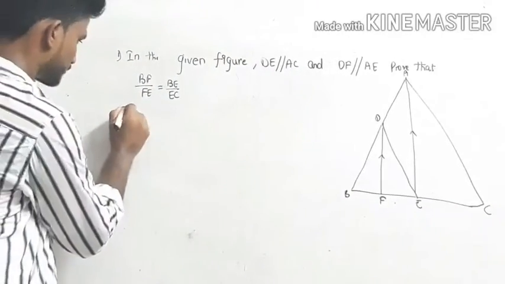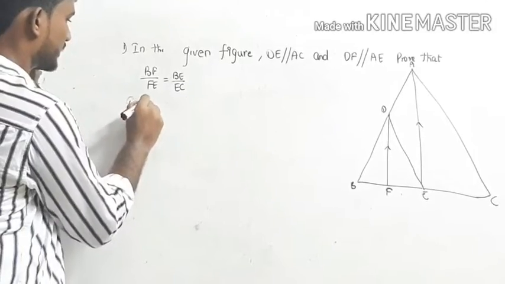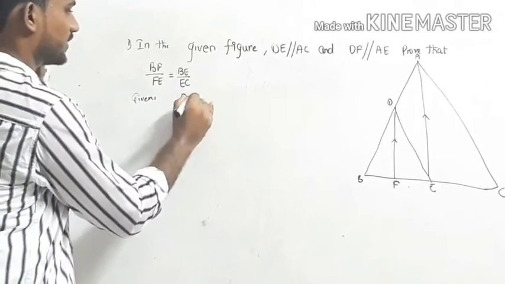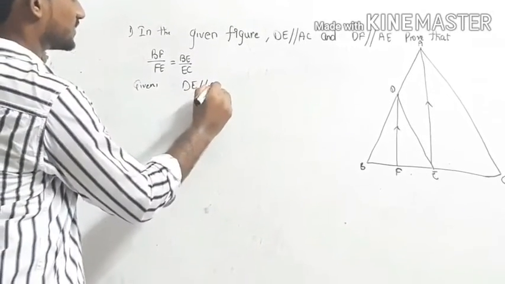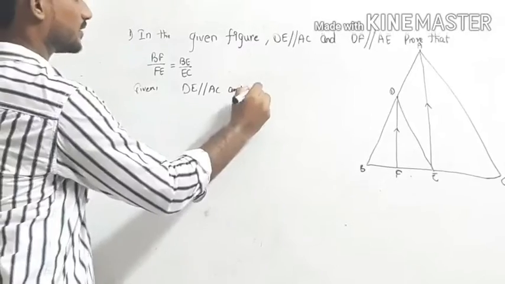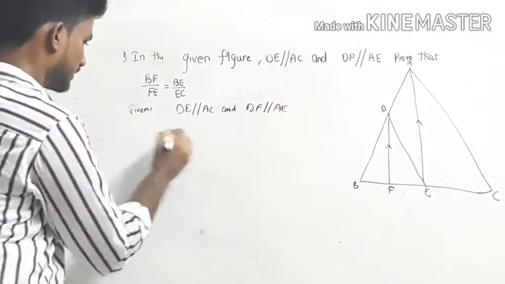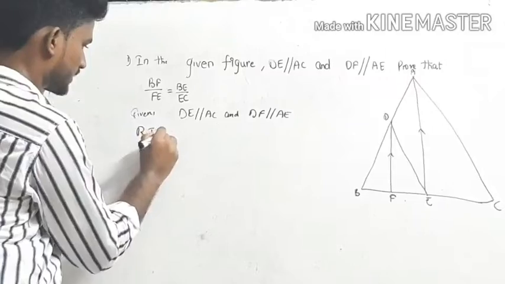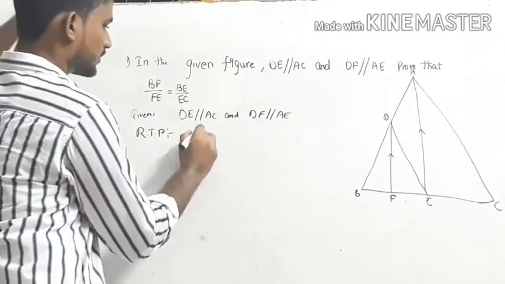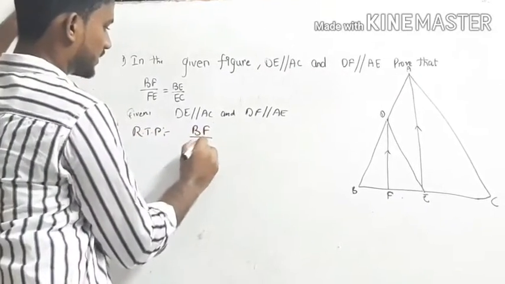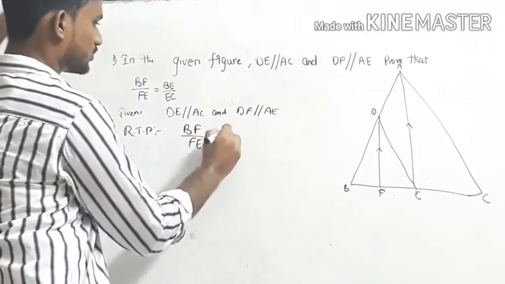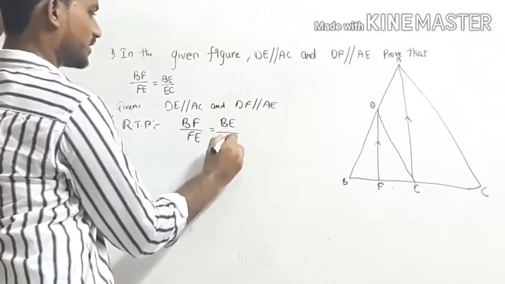Given: DE is parallel to AC and DF is parallel to AE. Required to prove: BF by FE equals BE by EC.